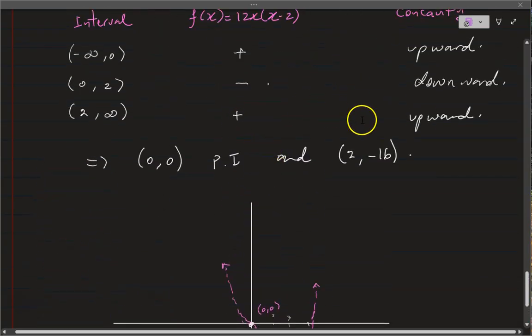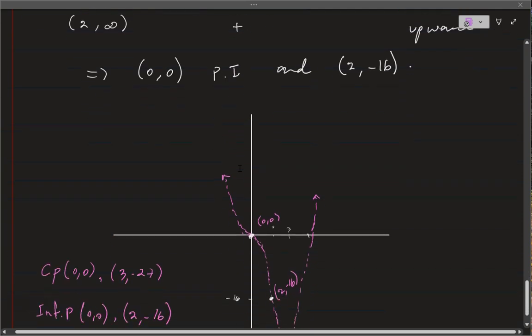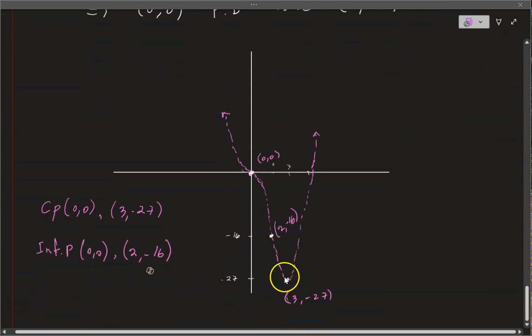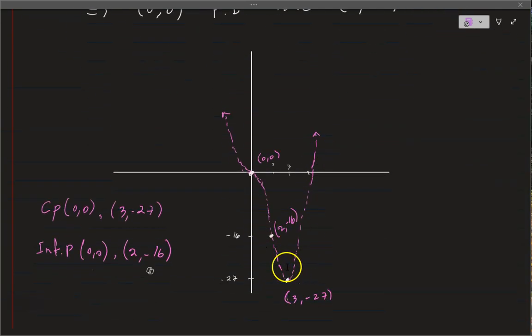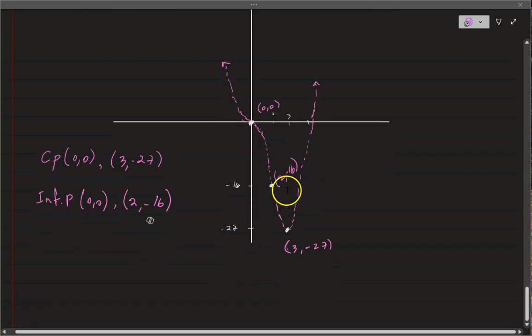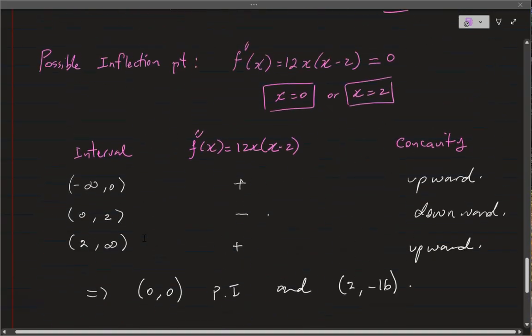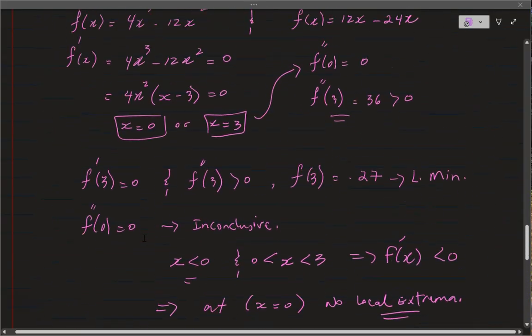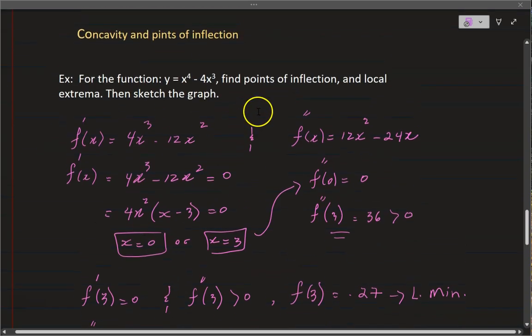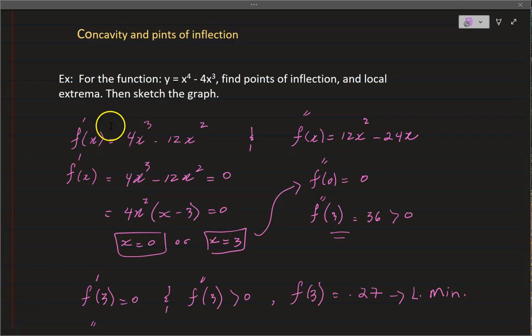We notice that it changed again to upward, which is concave up, like a cup, and it changes the direction. And because it changes direction, that's another inflection point. And here is your final answer to this question, where we analyzed the function using the inflection points and finding the extrema and the critical values.